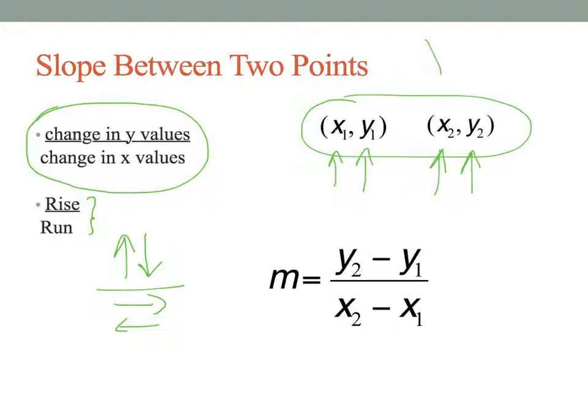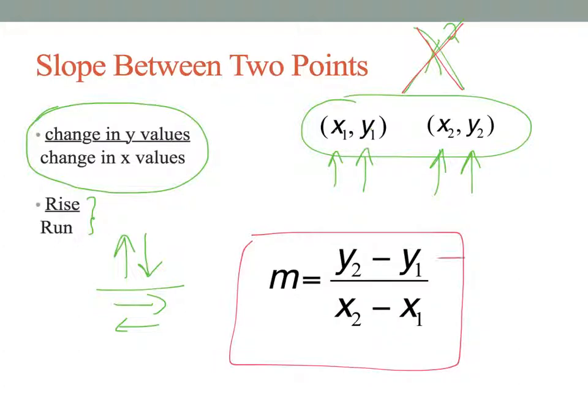It is not x squared. Our formula here is m equals the difference in the y values, so y2 take away y1, divided by x2 take away x1.